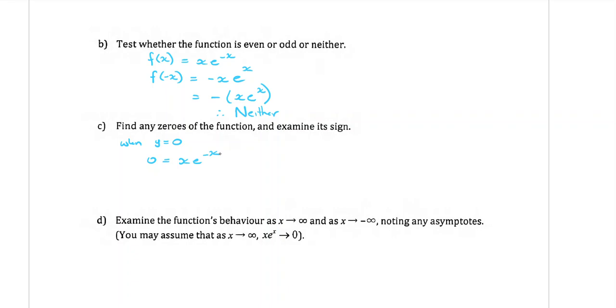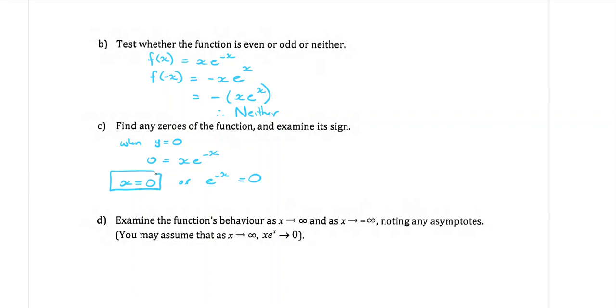Other options. It's null factor. You have two things times together to give 0. So that means that either the x equals 0 or the e to the negative x equals 0. Okay, so this one obviously is a very nice solution.